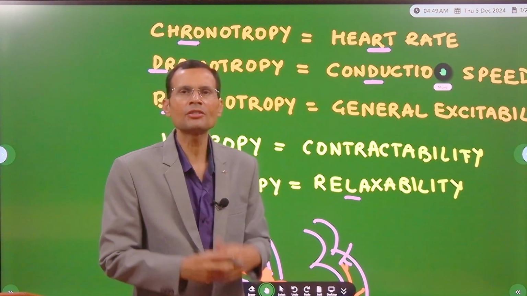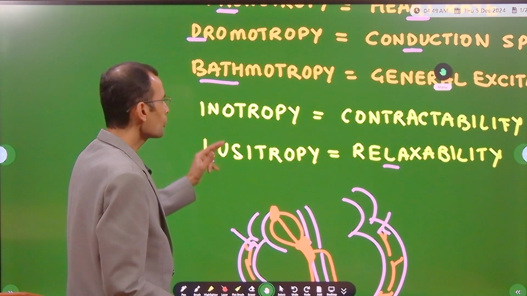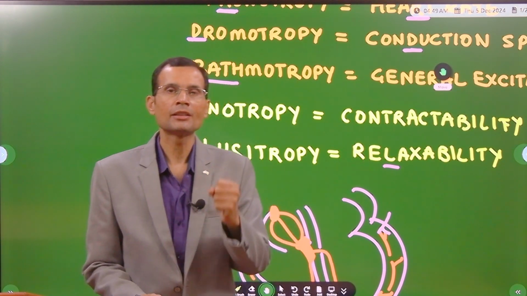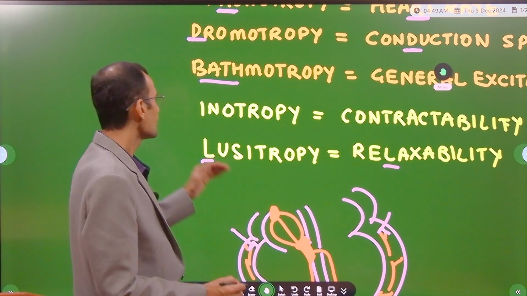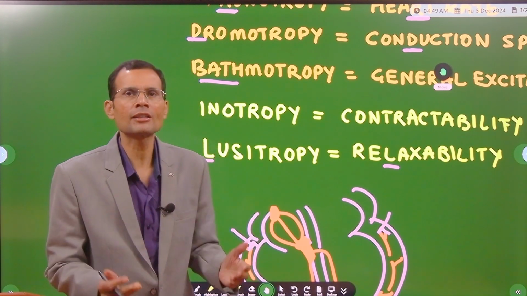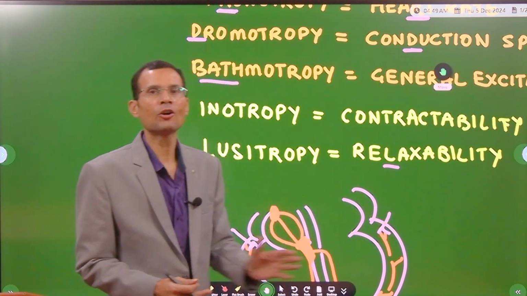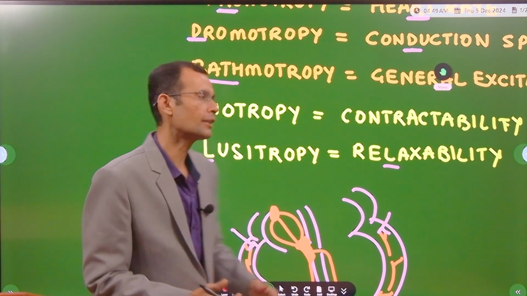Bathmotropy is general excitability in the heart. And then finally, inotropy and lusitropy. Inotropy is myocardial contractility, the strength of contraction of the heart. And lusitropy, some authors like to call it lusiotropy, is the relaxability of the ventricles, the diastolic function of the ventricles.